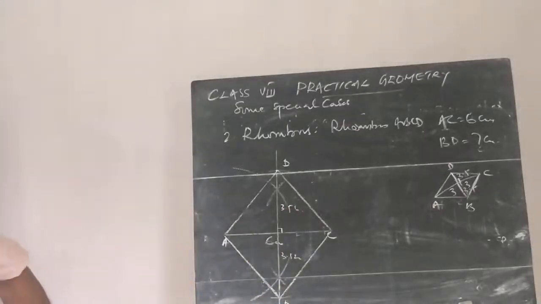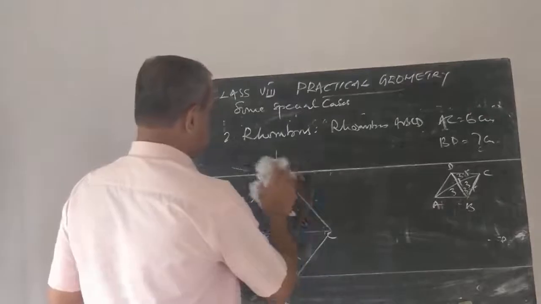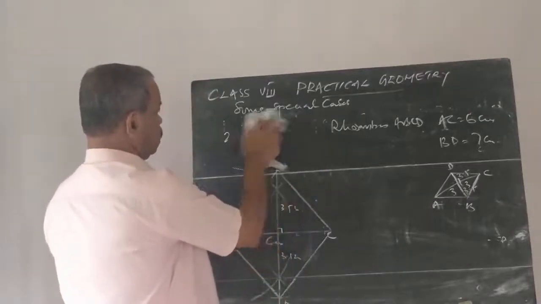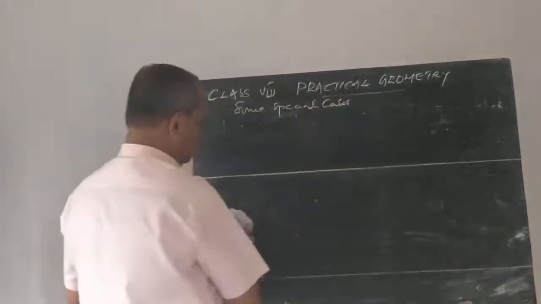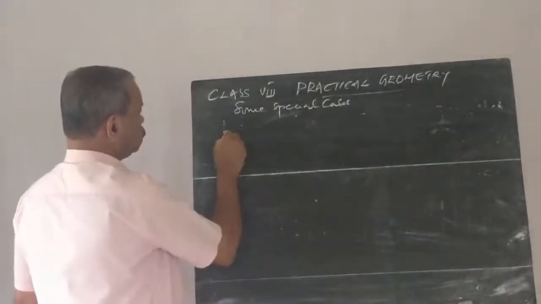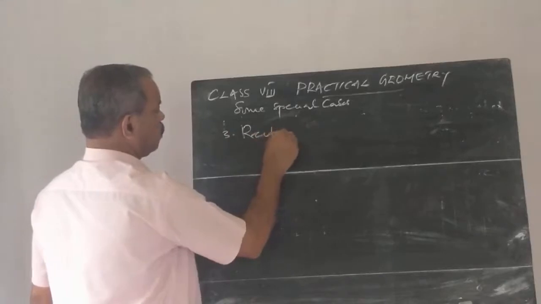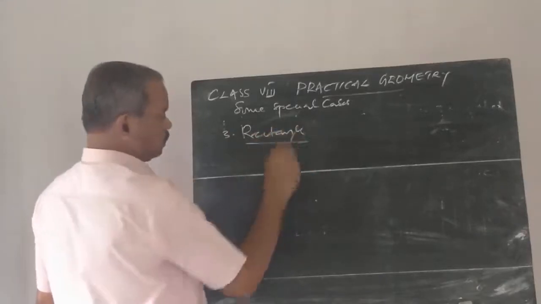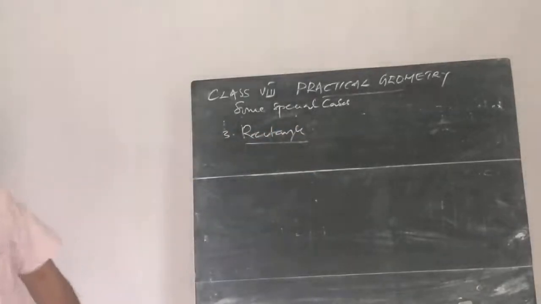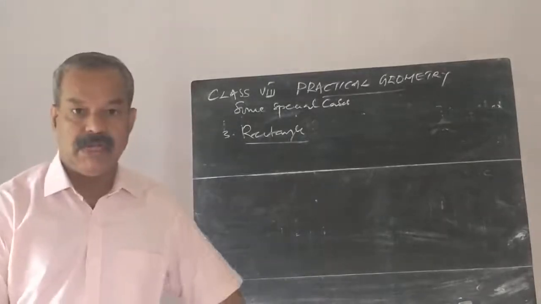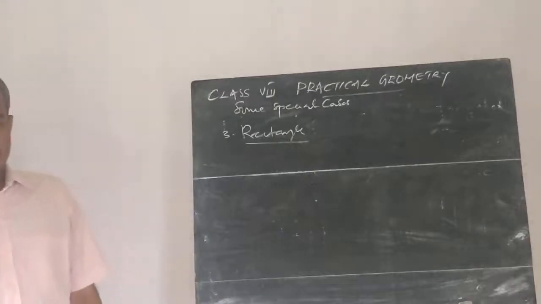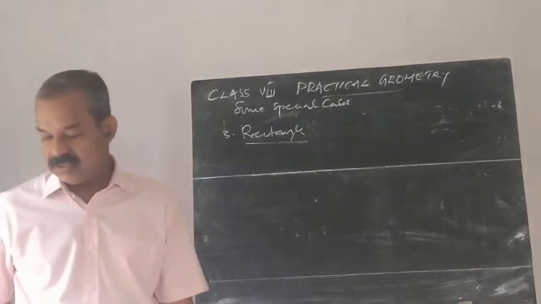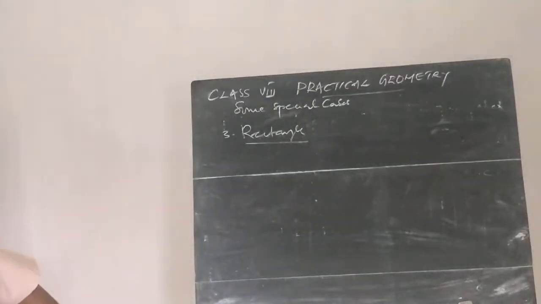Now the next is rectangle. Third special quadrilateral is rectangle. In the case of a rectangle, the diagonals are equal and bisect each other, not perpendicular, and opposite sides are parallel and equal. So we can construct this.